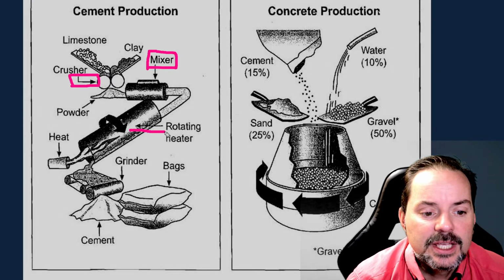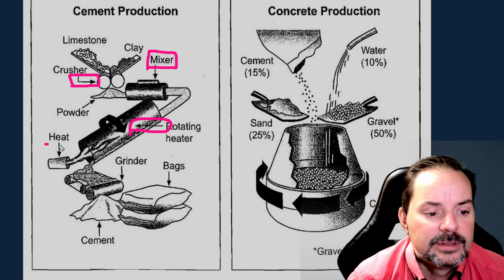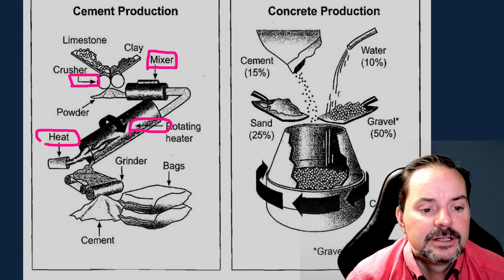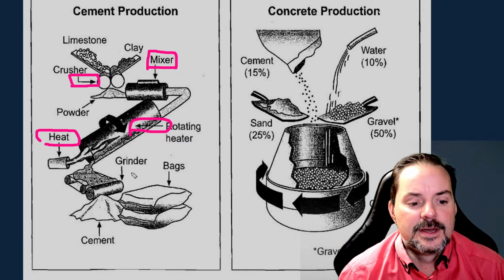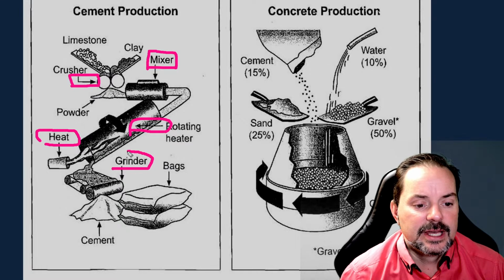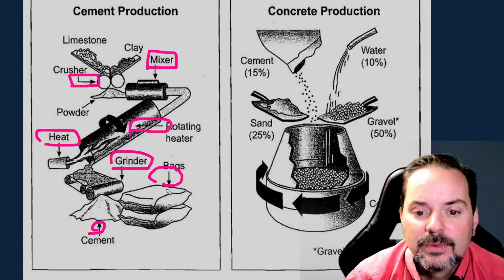The rotating heater rotates and heats up this powder or this mixture. And then there's a grinder here that grinds it into a fine powder. And then we end up with, of course, the cement. And then the cement goes into bags. Okay.